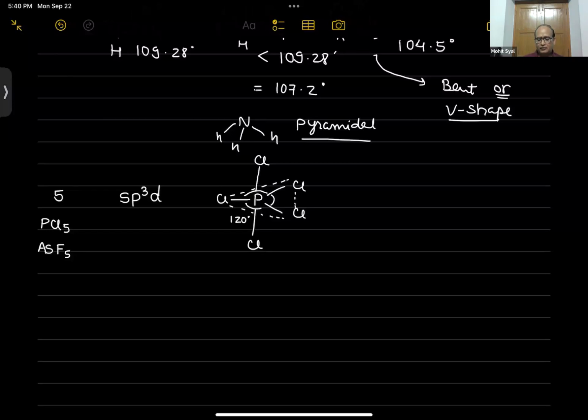So I hope you see what this shape is known as. Suppose I try to join the boundaries of the atoms.